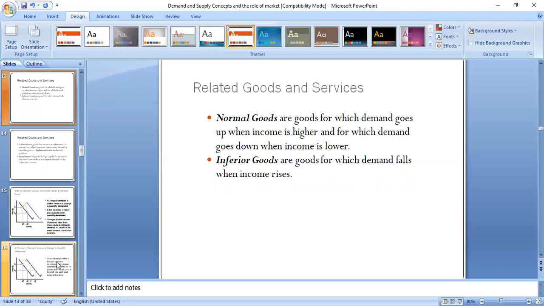Let's look at goods, right? How about allowance? What kind of allowance? Of course, that one is within your salary payments.